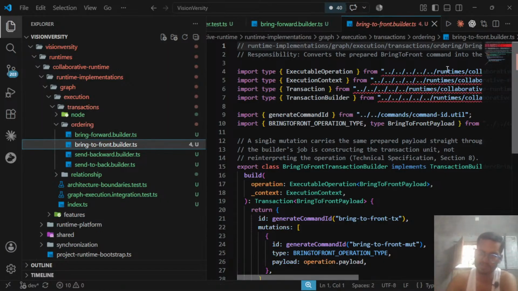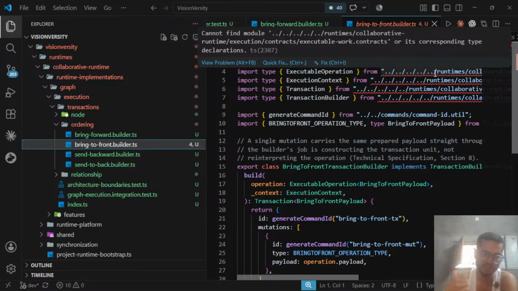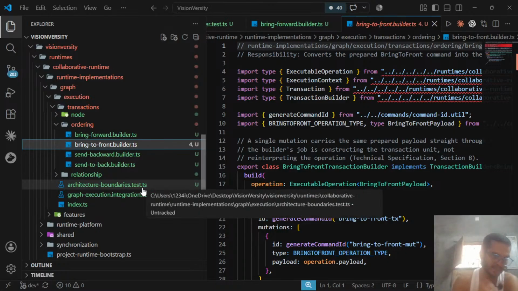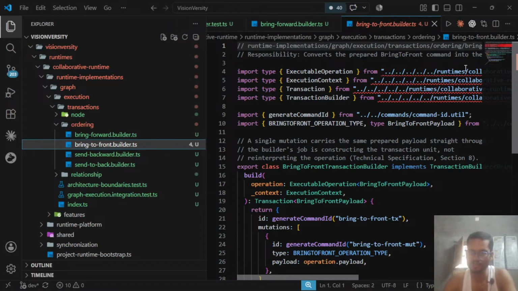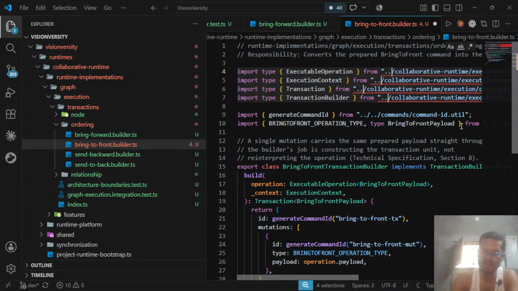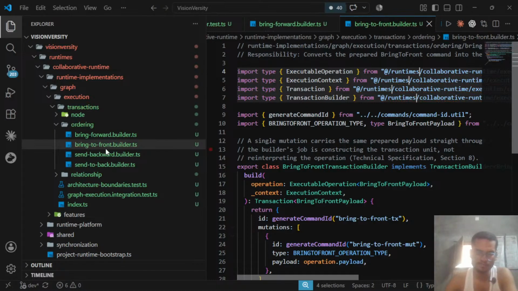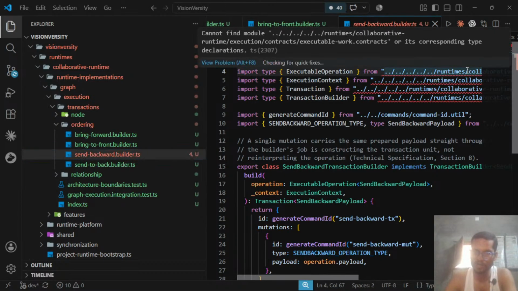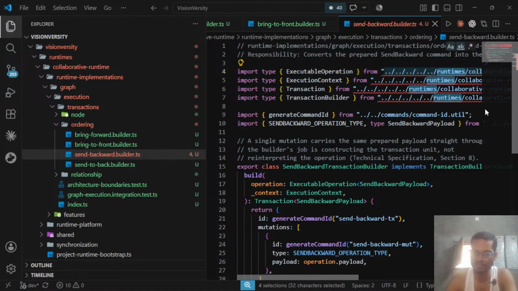After fixing this import path, I will test. I already have a test file, so I will apply unit tests and integration tests. I'm just fixing this import path issue because I'm refactoring, so I have to make sure my code is aligned. The issue is because I reorganized my folder structure. That's why the import path is wrong.